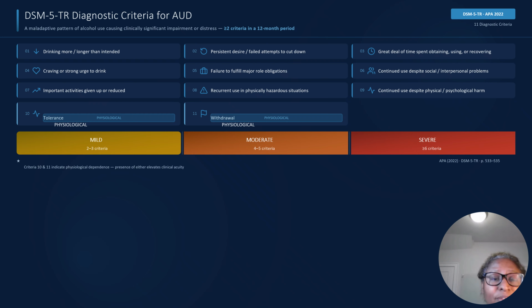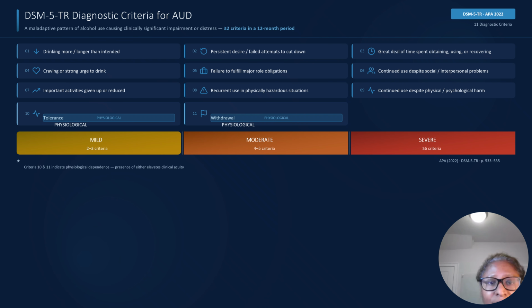As far as the DSM-5 criteria, this is what a person would qualify for to meet alcohol use disorder. Mild would be drinking more or longer than intended, cravings or a strong urge to drink.